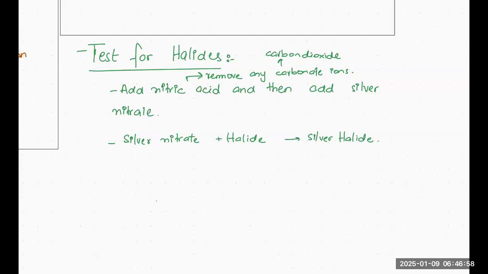Silver will react with, for example, chloride to give you silver chloride. Similarly, silver ions will also react with bromide ions to give you silver bromide.